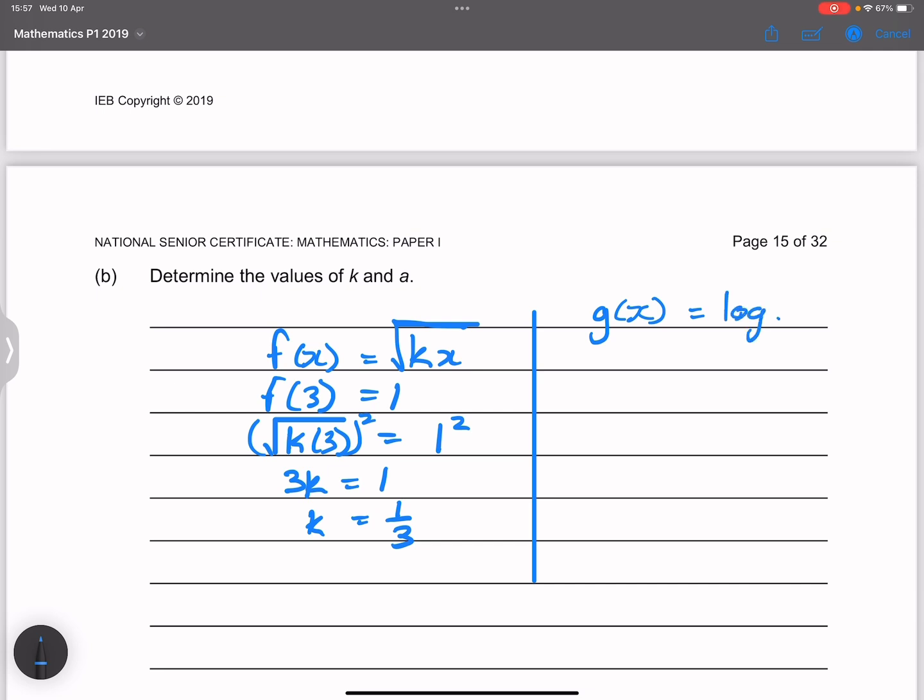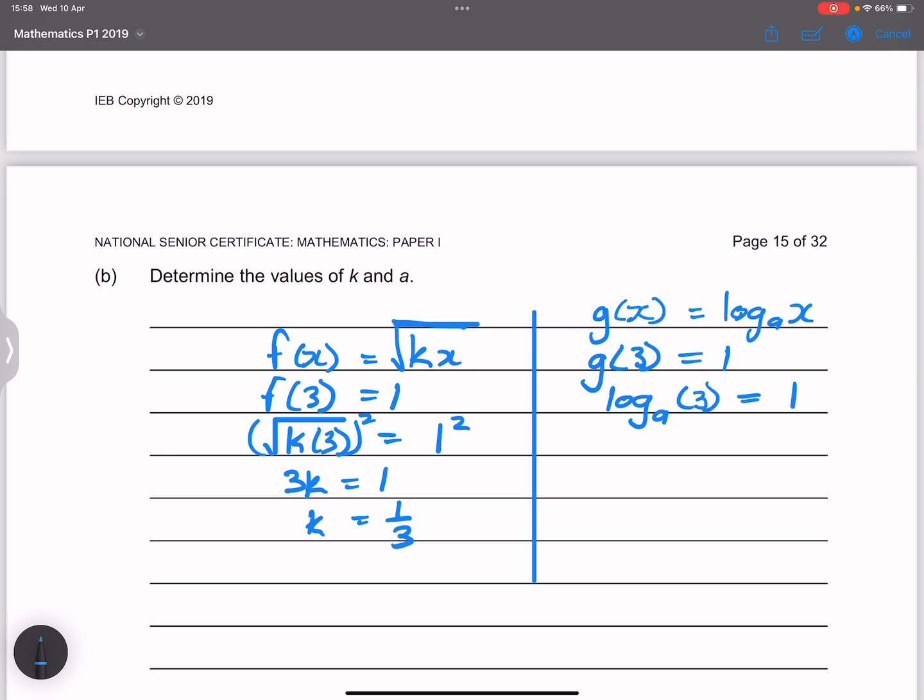But again, on the graph of g of x, I know that g of 3 is also equal to 1. So that means that wherever I have x, I'll put in a 3 there. So the log base a of 3 is equal to 1.